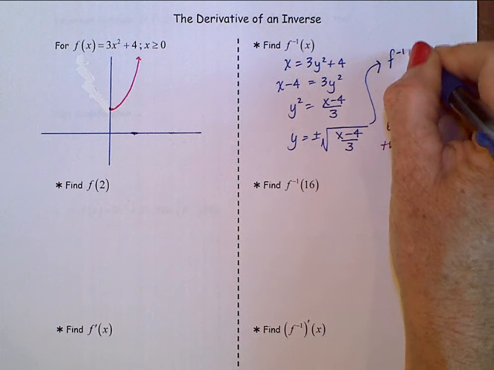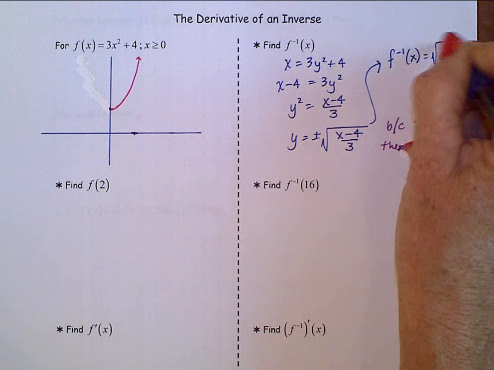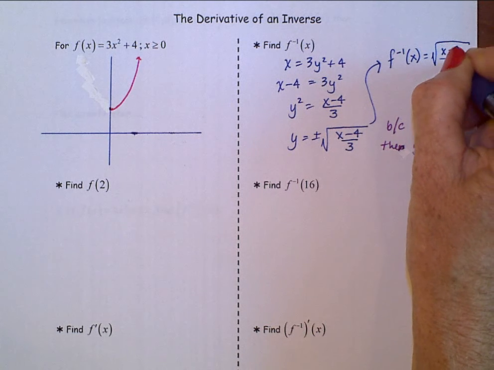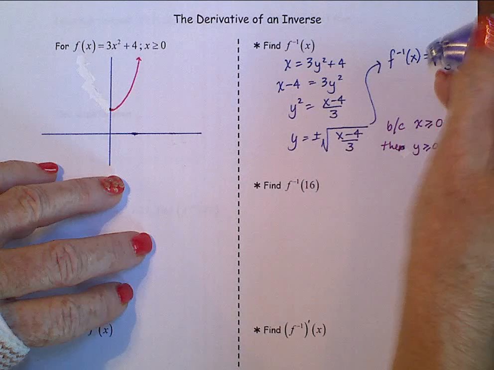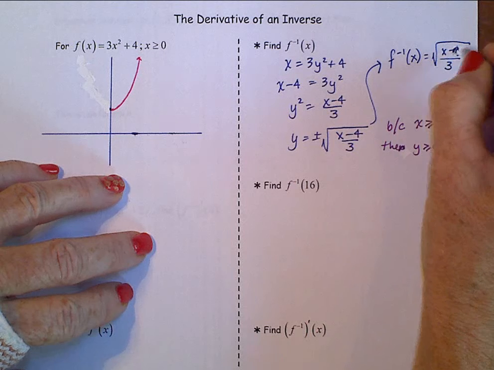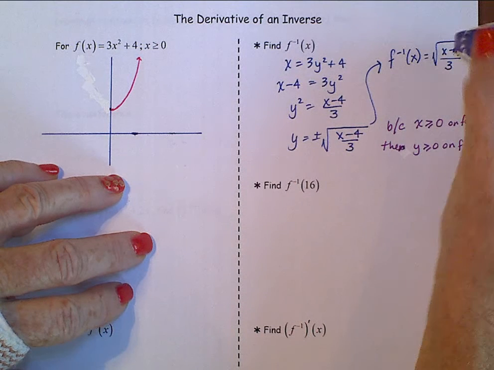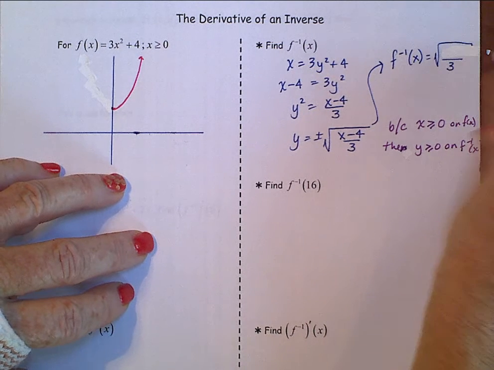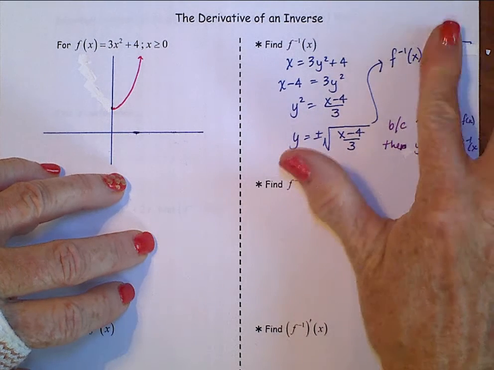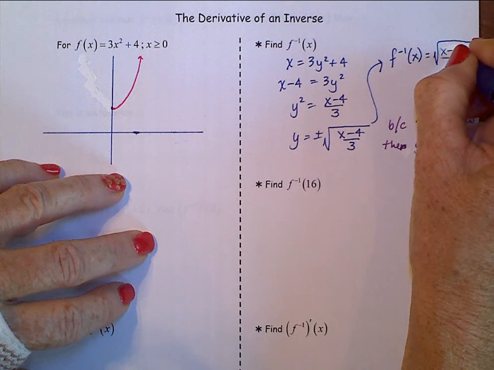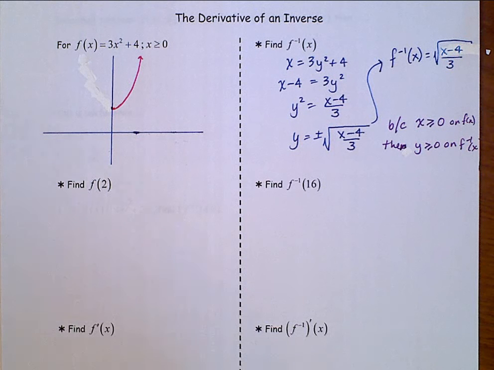So the inverse is the square root of x minus 4 all over 3. Ugh. Okay, gotta let that dry first, then I'll come back and write it. X minus 4, there we go. X minus 4 all over 3.